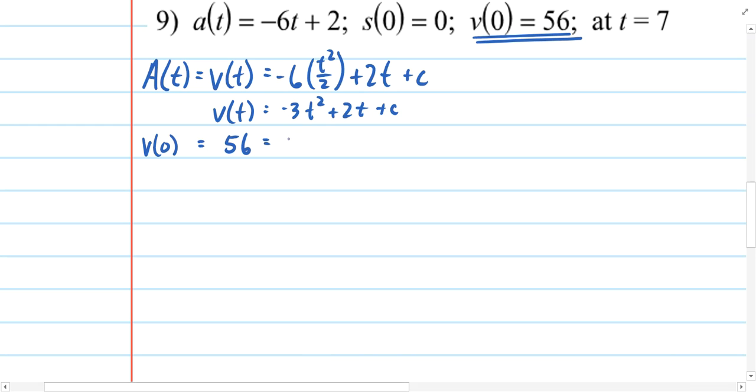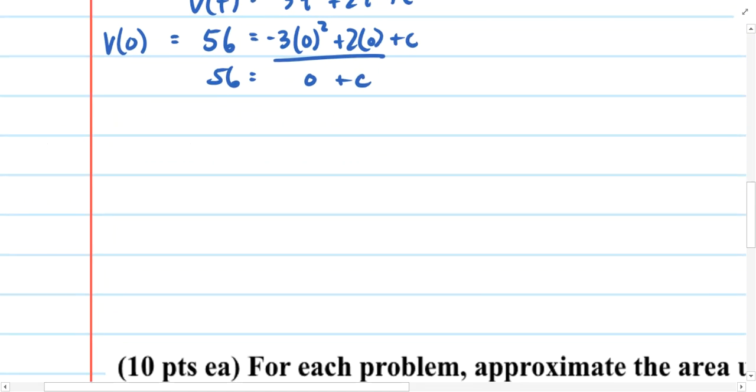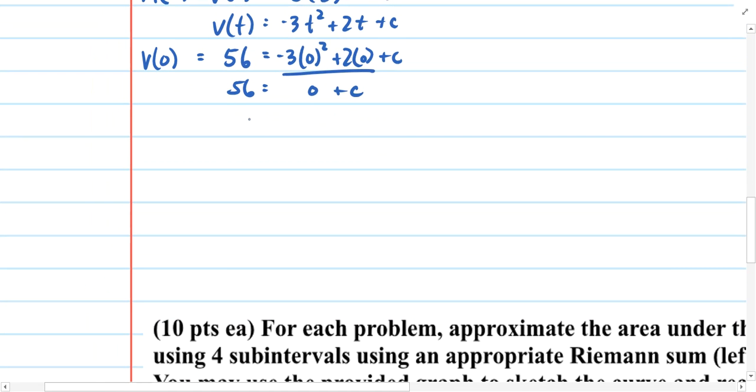And so that means that 56 is equal to negative 3 times 0 squared plus 2 times 0 plus c. So 56 is equal to 0 plus c because these terms turn to 0 when evaluated at 0. And we now can easily recognize that c is equal to 56 in our velocity function.